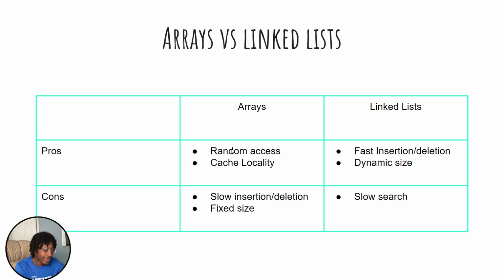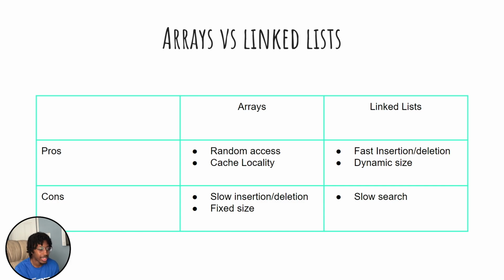So very fast access to elements in an array, given the index. Cache locality. So if we think in an array, we think about elements grouped together in memory, right? Because our elements in an array are right next to each other in memory, it's very easy to access them, and it speeds up operations.